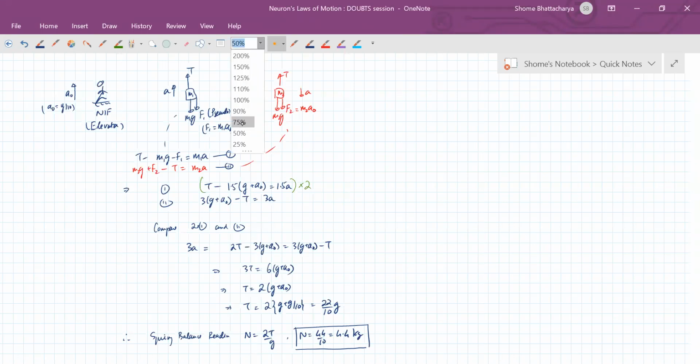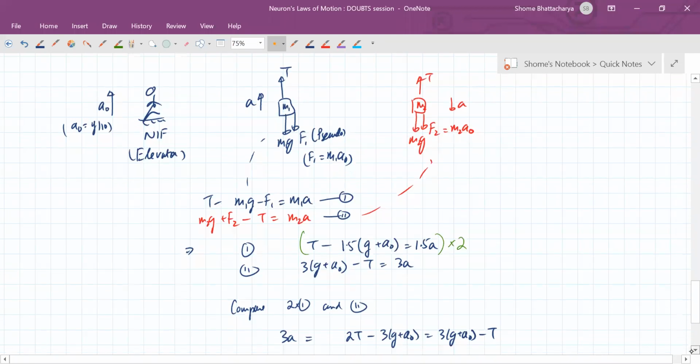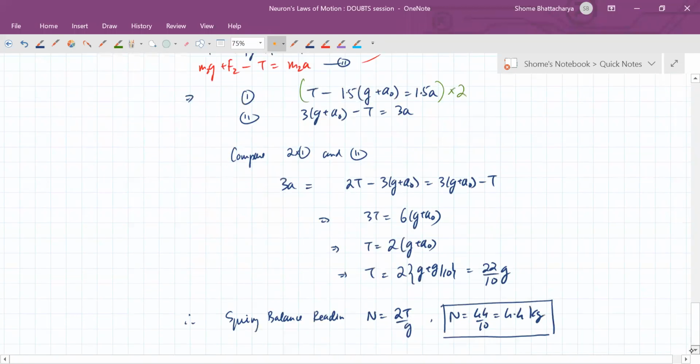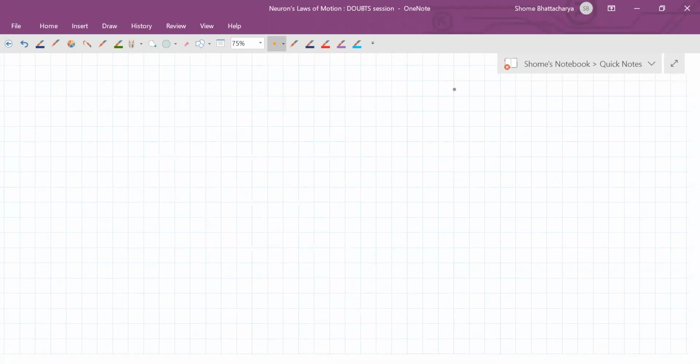Okay. So what happens is that if we are in a reference frame which has acceleration with respect to ground, then we say we are in a non-inertial frame. So first of all, what is a non-inertial frame?